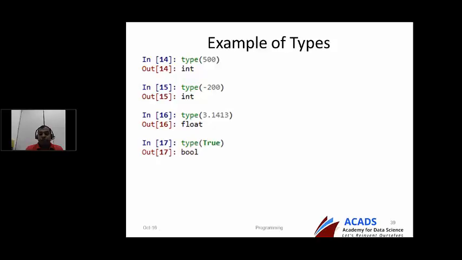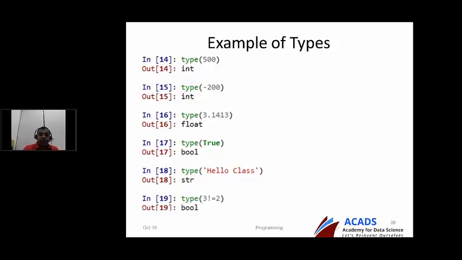The Boolean type has two distinct values. One is called True, the other is called False. Note that True starts with a capital T. So the type of True with capital T is bool. Similarly, if you have any string within single quotes, its type is str. Note that you can use the type function to find out the type of expressions as well.